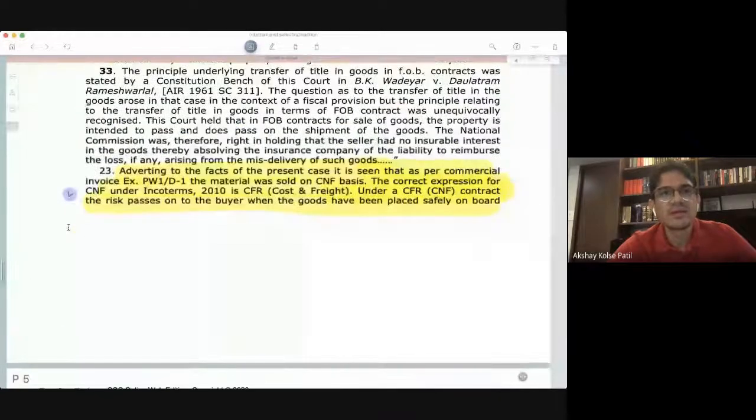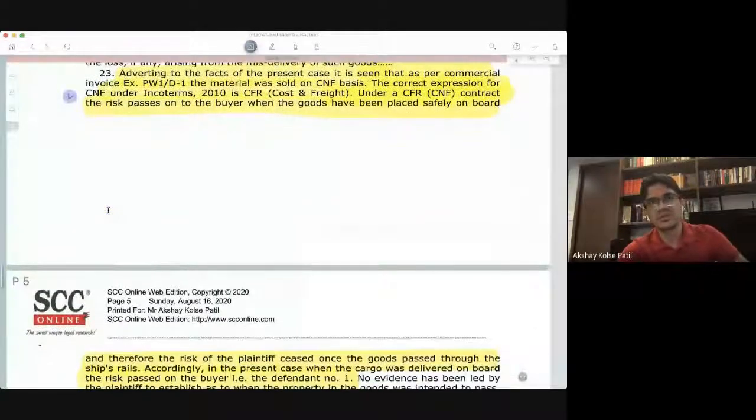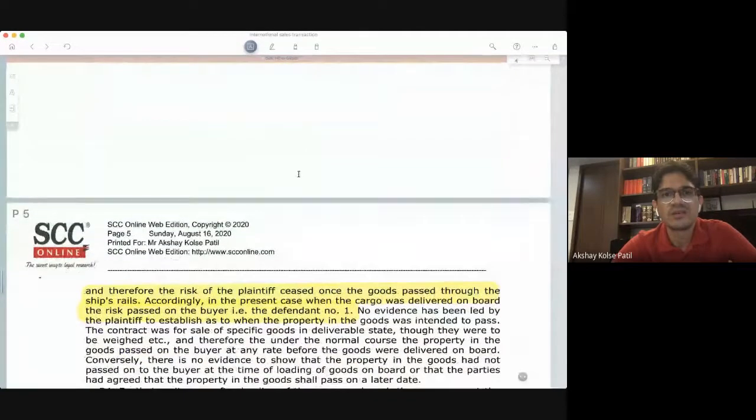Then the court looked at the particular facts here, and adverting to the facts of the present case, the contract was on CNF. CFR is also known as CNF, but it's technically known as CFR. Under a CFR contract, the risk passes to the buyer when the goods have been placed safely on board the vessel, and therefore the risk of the plaintiff ceased once the goods passed through the ship's rails.